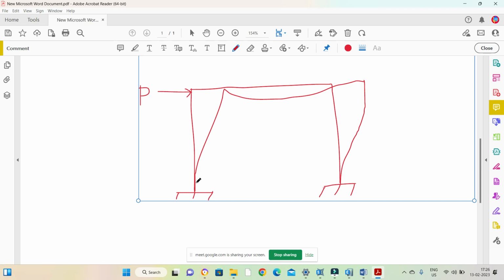So going by this concept, we can say there is a chance of failure at this point, somewhere in this range. Similarly, there is a chance of failure at this point, somewhere here, depending on where the moment is maximum, and similarly here, then similarly here, and similarly here.